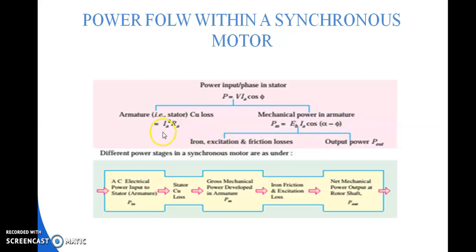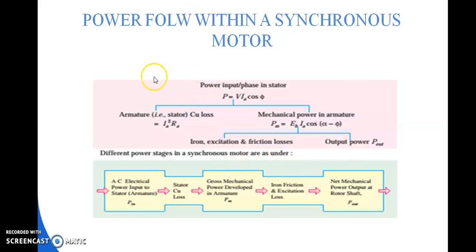So after finding out the losses, the Pm formula becomes Eb Ia cos(alpha minus phi). Now there are also other losses, iron, friction and excitation losses. So now the output power is P out.